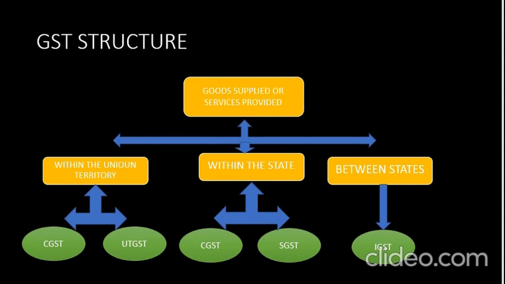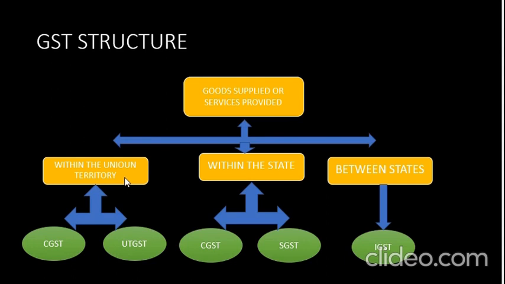There are eight union territories as of now, for example Andaman and Nicobar, Puducherry, Lakshadweep. These are some of the union territories.